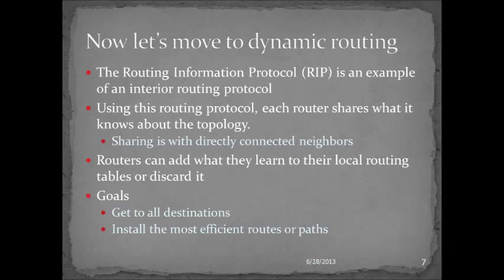So we're making a couple decisions when we get this. One, do I want to add this to my routing table? And once it's added to my routing table, is it the best possible route for forwarding to a destination? Now, it's possible that you can have IP networks reached with two different entries in a routing table, and we'll talk more about that as we get through some more complex examples.